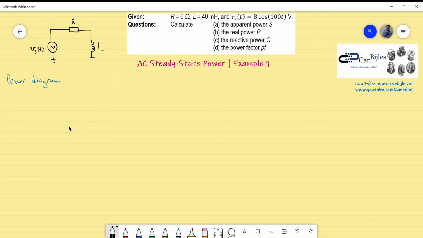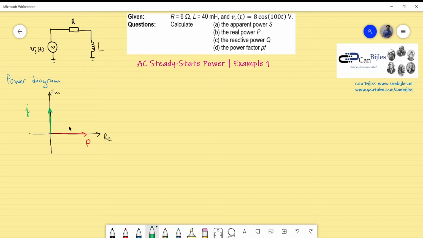So we have the real and the imaginary axis. First the imaginary and then the real axis. The real power or true power will be on the positive real axis, that will be P, and the reactive power, so the power which is dissipated or stored in the reactive components, will be placed on the imaginary axis, and this time it is on the positive y-axis because it's an inductor.